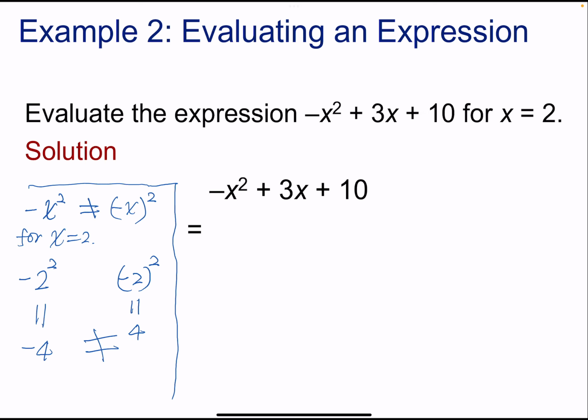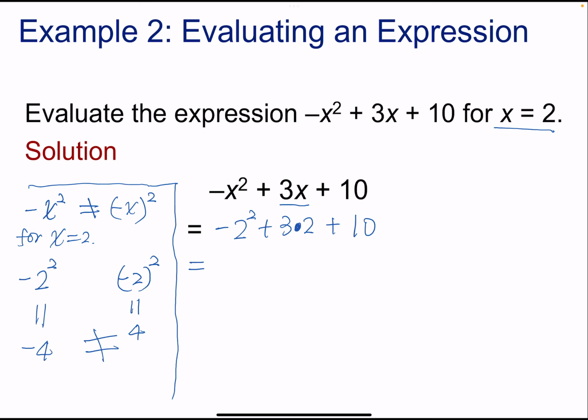So x equals 2. We're going to substitute x equals 2 into the expression. Basically it means whenever we see x, we're going to replace it with 2. So negative 2 squared plus 3 times 2 plus 10. And notice 3x means 3 multiplied by 2, okay?